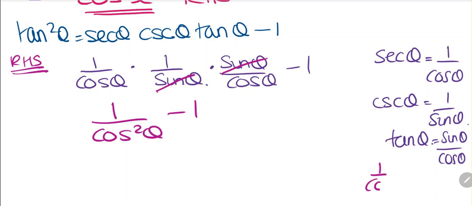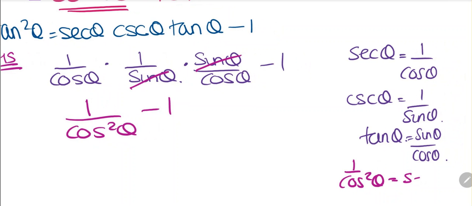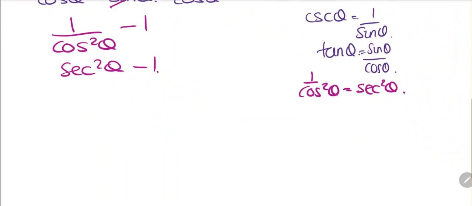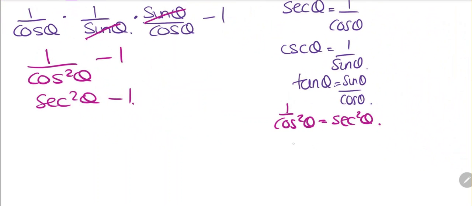Now 1 over cosine squared theta is equal to secant squared theta. So if we replace that, we'll have secant squared theta minus 1. Now our Pythagorean identities tell us that secant squared theta minus 1 is equal to tan squared theta.